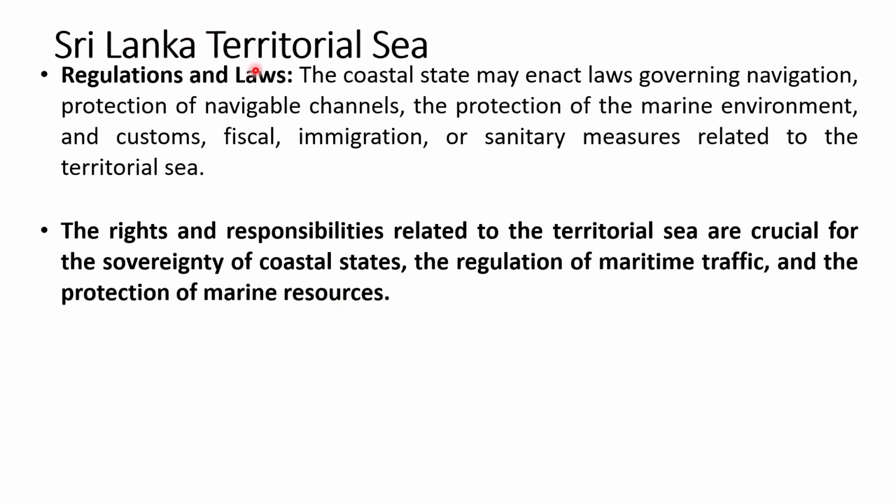Then regulations and laws. The coastal state may enact laws governing navigation, protection of navigation channels, the protection of the marine environment, and customs, fiscal systems, immigration, or sanitary measures related to the territorial sea.